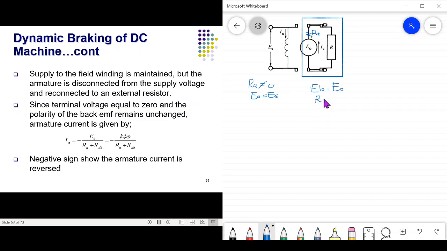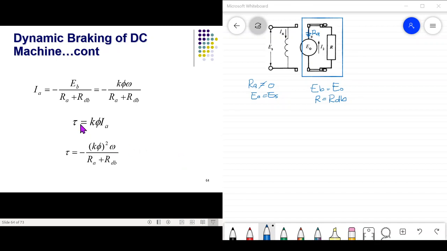So R equals RDB. When you apply KVL here, you get IA equal to EB over RA plus RDB. We know that E equals K flux omega, so we get this equation. The negative sign shows the armature current is reversed. Then we have an equation for torque equal to K flux IA, and from that equation, you can derive this equation.